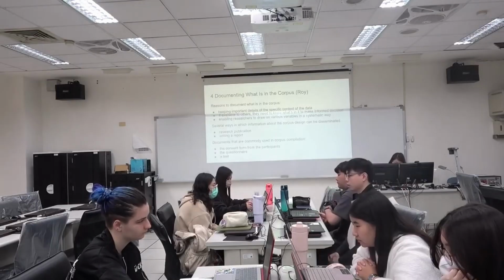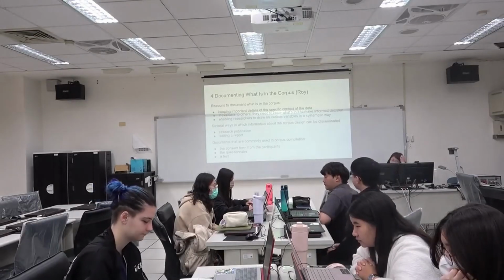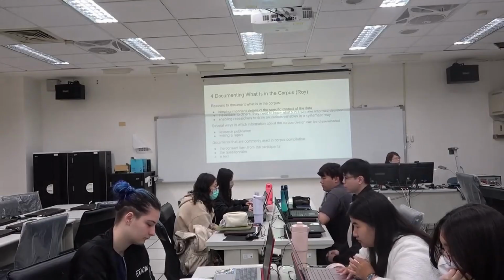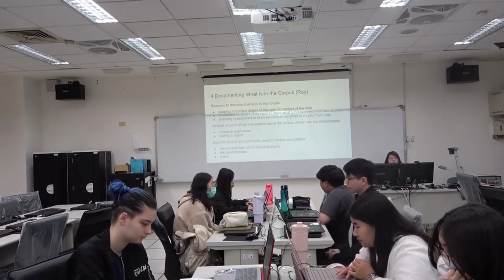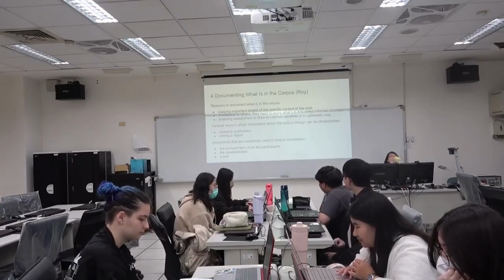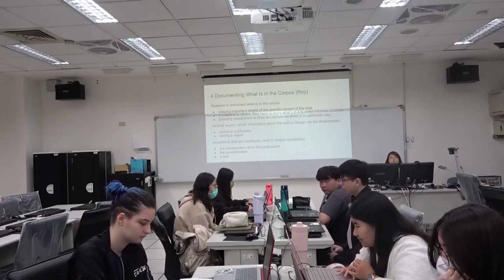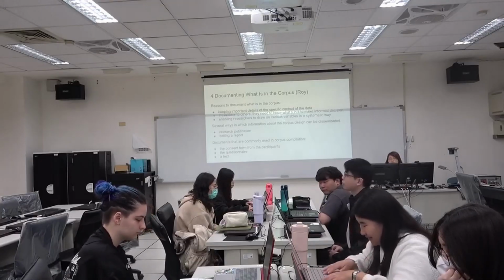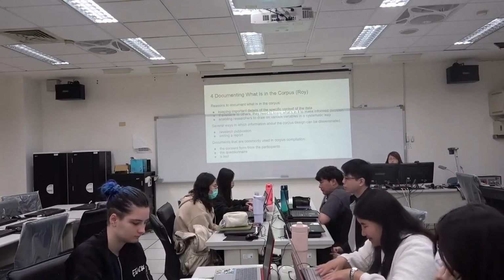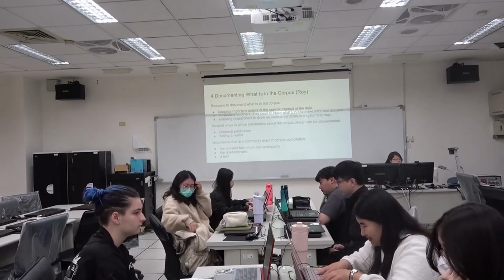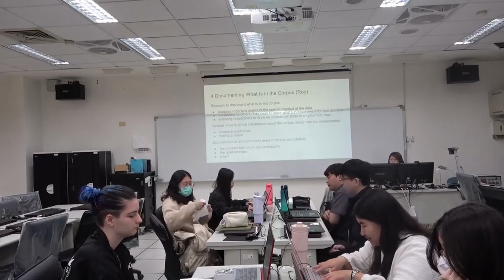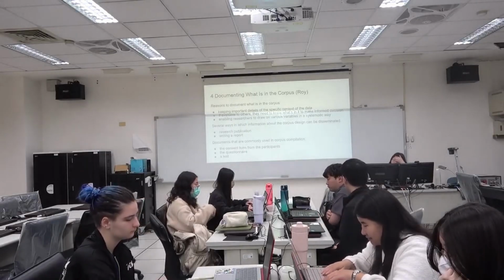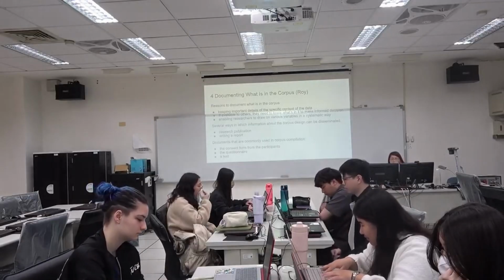Okay. So there are reasons to document what's in the corpus. First is to prevent the corpus compilers from forgetting important details of the specific context of the data, even if you're deeply familiar with the content.